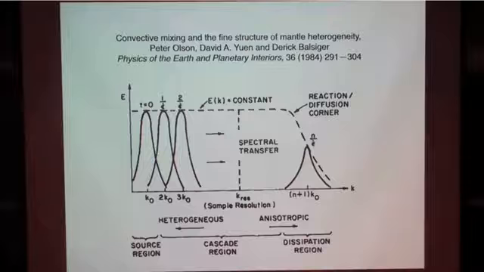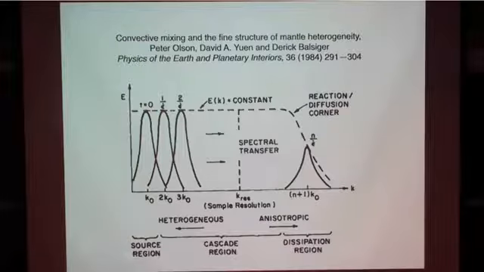So I'm not going to dwell on this, but Peter Olson, Dave Yuen, and Gerald Schubert, way back in 1984, thought about this and published 2 papers related to this. This is one of them, in which they said, well, what happens if we introduce heterogeneity at a certain scale, such as, for example, a subducted slab, which is going to be, I don't know, 80 or 100 kilometers, or maybe oceanic crust, it's going to be 6 or so kilometers?